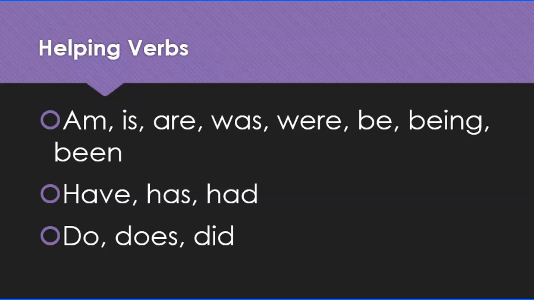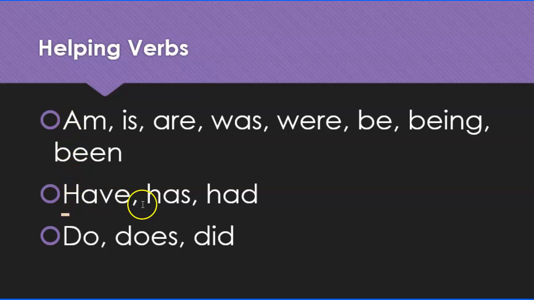Am walking. Now, you could look at that word walking and be confused because we know it could be a gerund. But if it has one of these words attached to it, then it is likely not the gerund. Instead, they are being used as helping words or helping verbs.